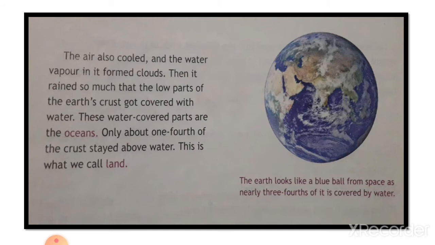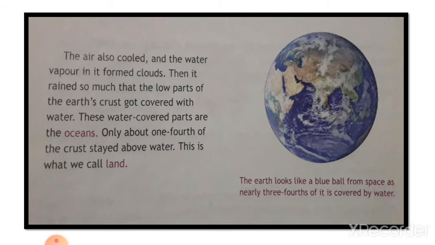So, children, we all know that there was a blanket of air around it, and slowly the air also cooled. So the water vapor in it forms the clouds. We know how the rain forms. So, the clouds form the rain, and most of the lower parts of the earth crust got covered with water.